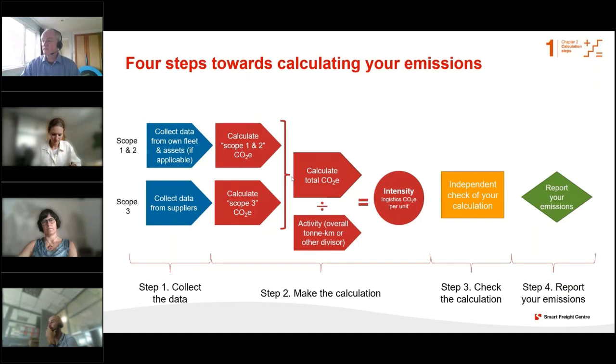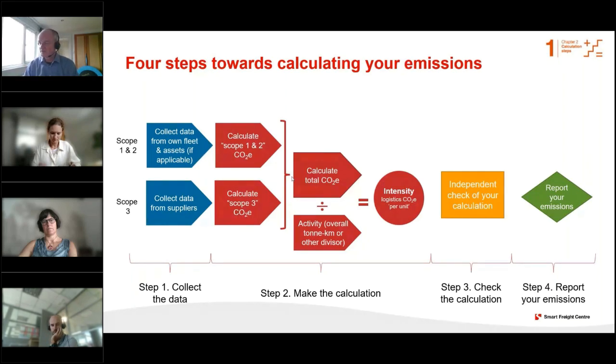Pull that all together in terms of calculating your total greenhouse gas emissions expressed in terms of the mass of CO2 equivalent. And then also think about expressing that in terms of an intensity. For a transport operator, the intensity would generally be expressed in terms of emissions per ton kilometer.